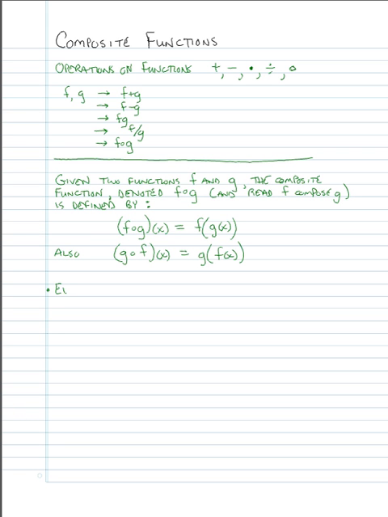Here's an example. Okay, let's say f of x is the function, how about x squared plus 3x? And g of x is the function, how about 2x minus 1?